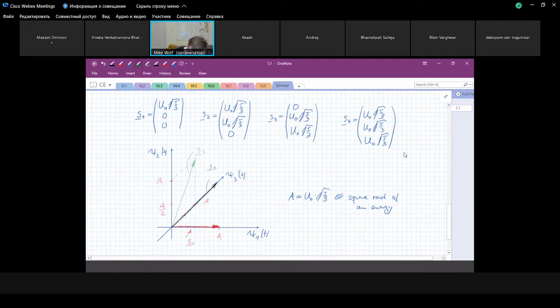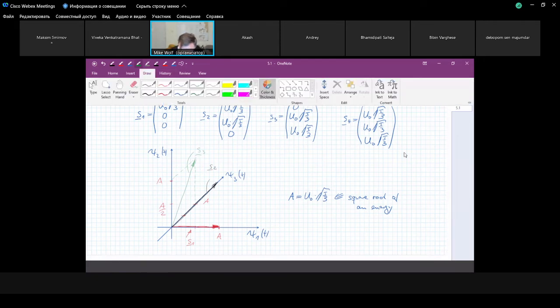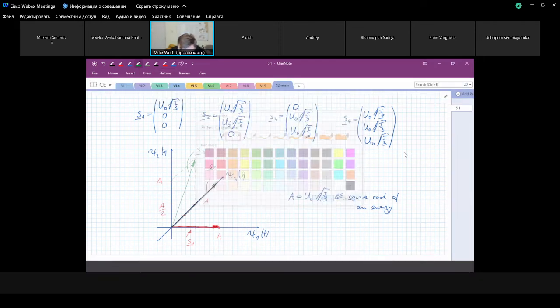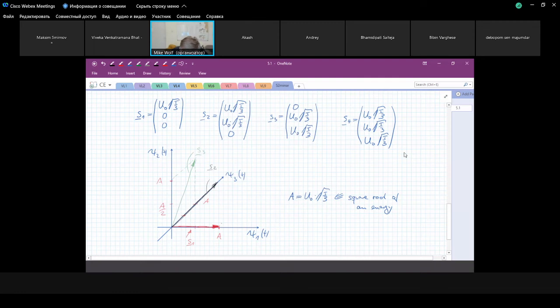Let's say I draw this in orange also, I do this approach. So this, and then say 3, 5, 3, 5. This is the endpoint of this vector.